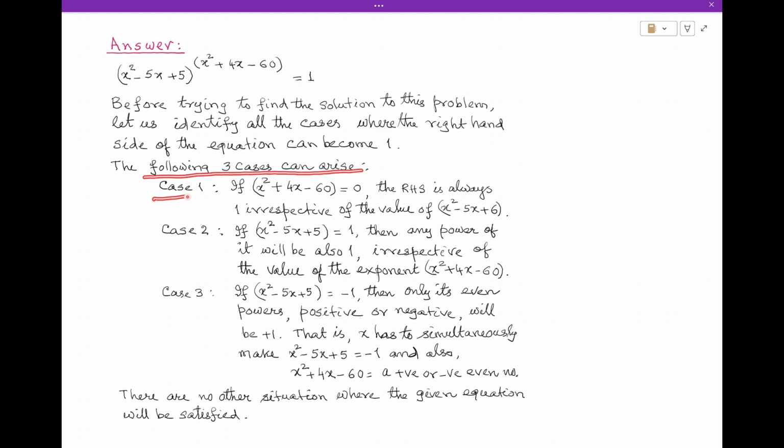Case number 1 is if x² + 4x − 60 is equal to 0, that is, this exponent here is 0, then the right hand side is always 1 irrespective of the value of x² − 5x + 5. That is, this to the power of 0 is always 1 irrespective of the value of this.